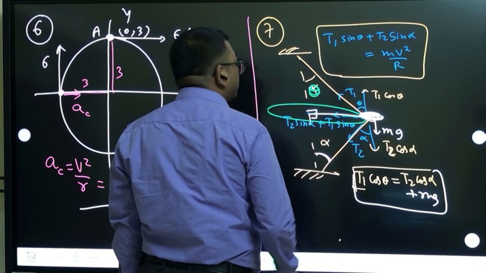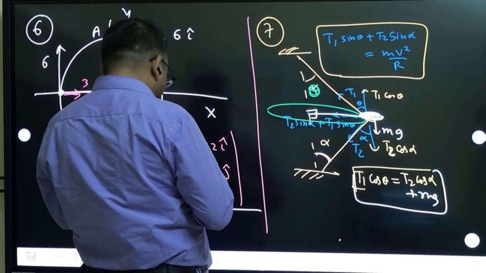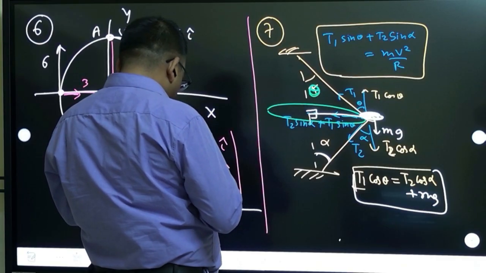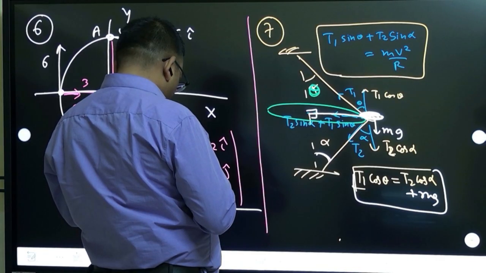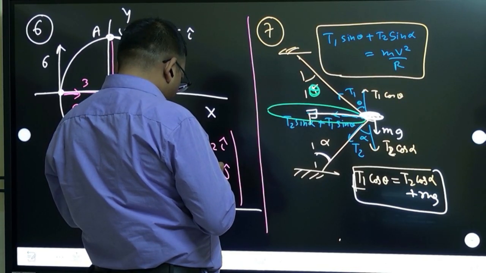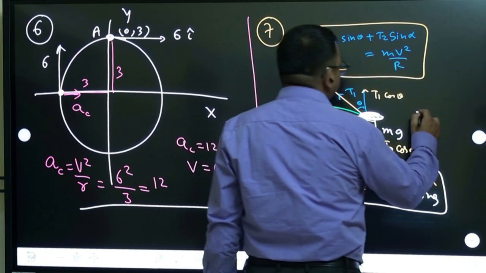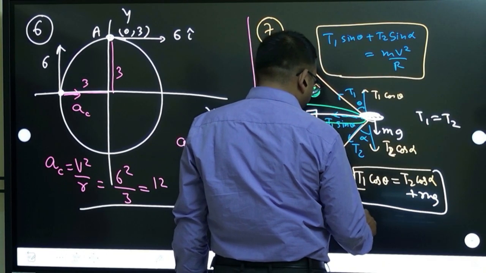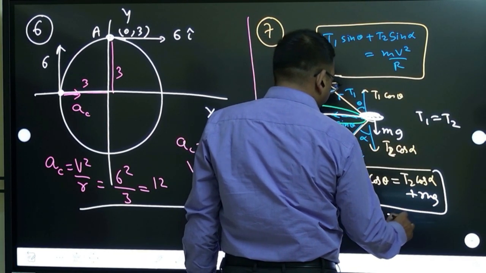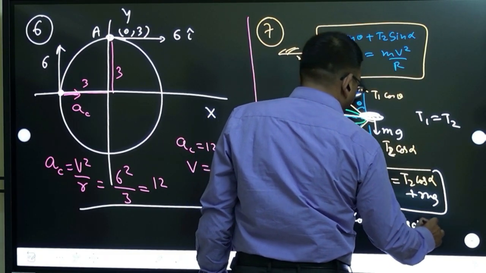Are the tensions not the same? Is it the same string or what? If it is the same string, then the tension must be the same. Let me check that. It is the same string, so the tensions are equal. Then T cos theta is equal to T cos alpha plus mg.